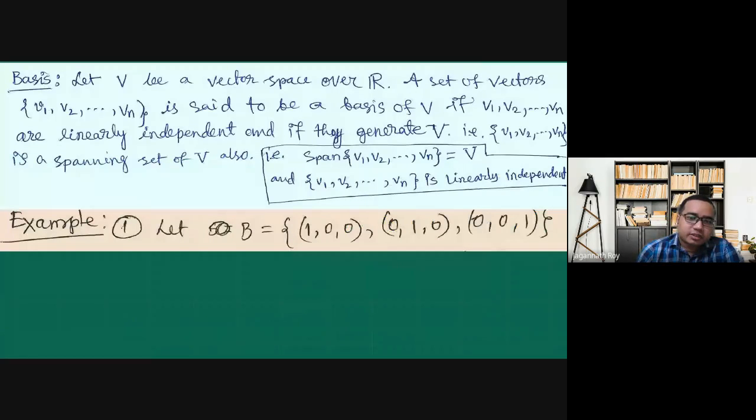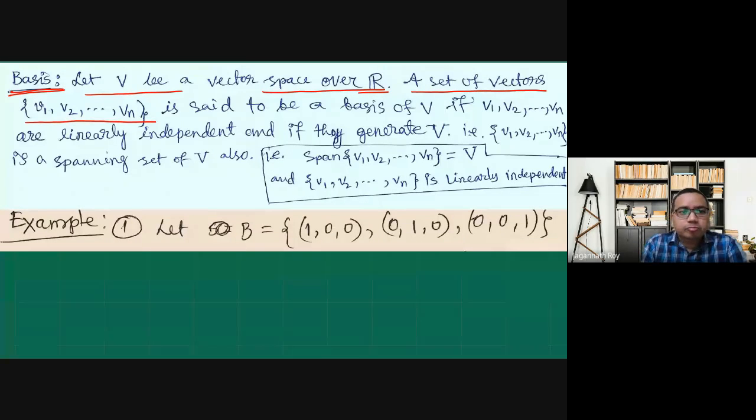Now there is a definition called basis. What is a basis? Suppose V is a vector space over the field R. Then a set of vectors is said to be a basis if it satisfies two conditions.